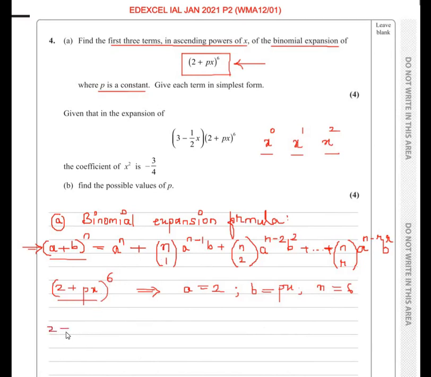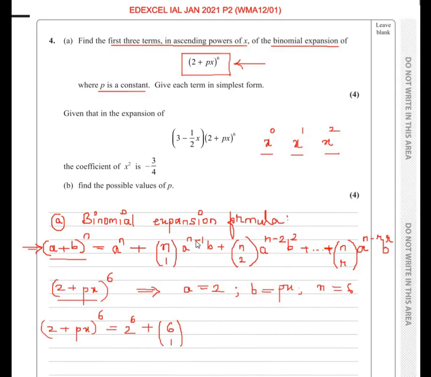So 2 plus px to the power of 6 is equal to, our first term is a to the power of n. We have a here as 2, so 2 to the power of 6, plus nC1. This n1 is nothing but nCr. So we are going to put it as 6 and 1 over here because our n is 6 and r starts with 1.